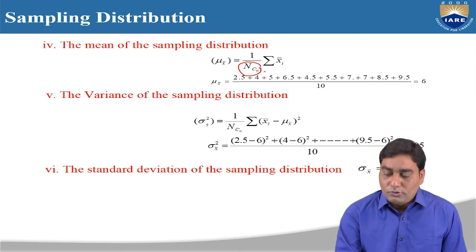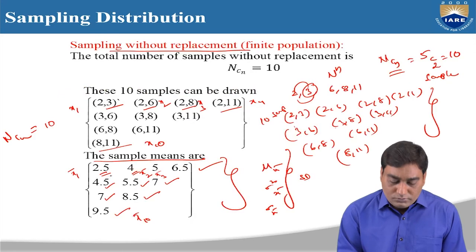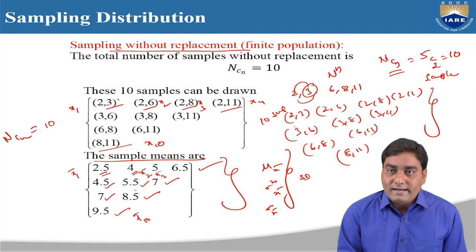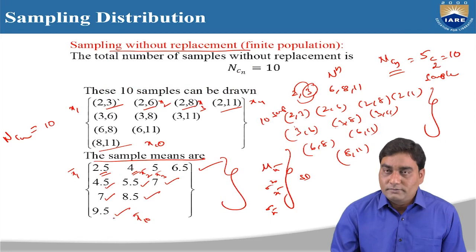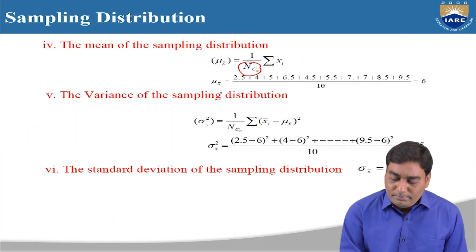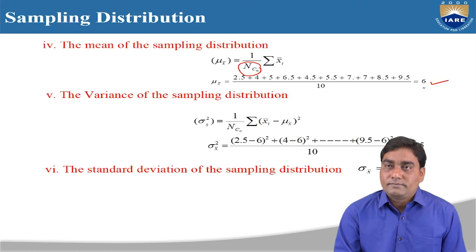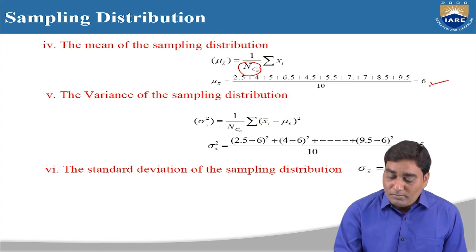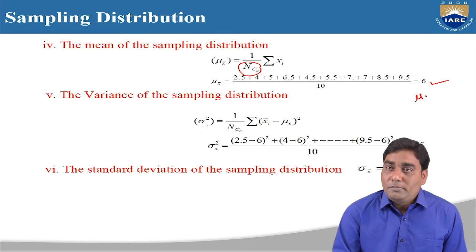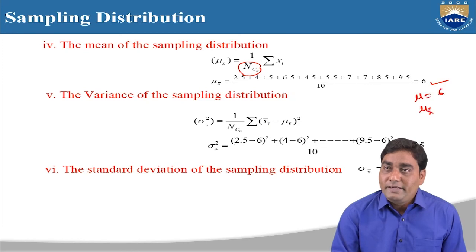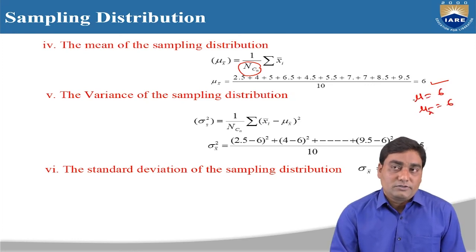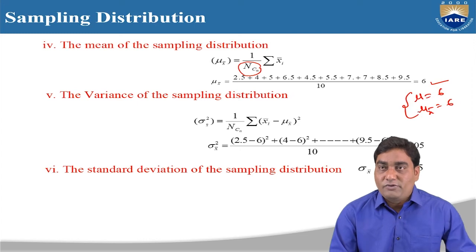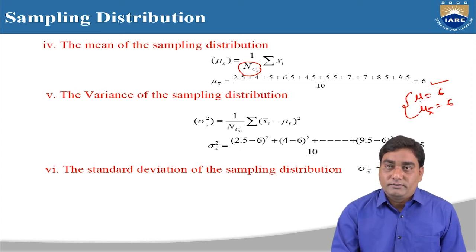In the previous slide we have all the sample means: 2.5 plus 4 plus 5 and so on plus 9.5, by 10. If we simplify, we get 6. And in this problem also, the mean of the population, 6, we got, and the mean of the sampling distribution, 6, also we got. Both are the same, as we discussed in the previous session.